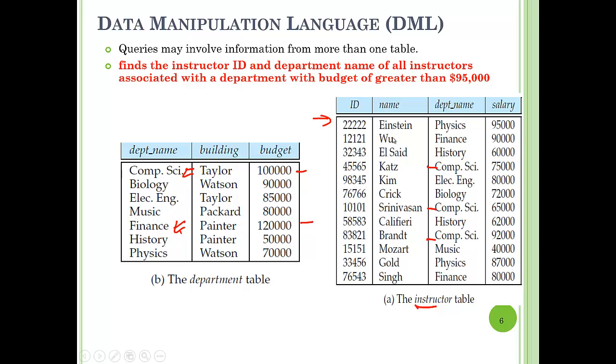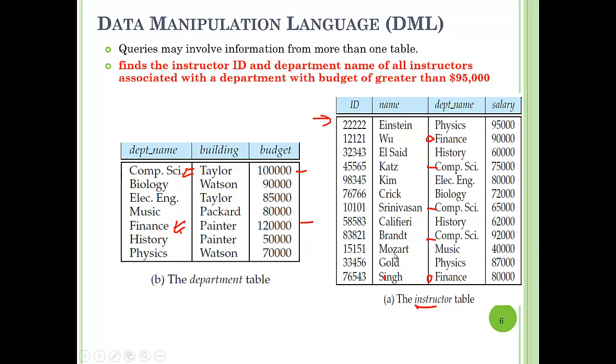So in finance we have this 1 and this 2. So all together I will get 3 instructors from the computer science department and 2 instructors from the finance department. So in my output I will get instructor names 1, 2, 3, 4 and 5.